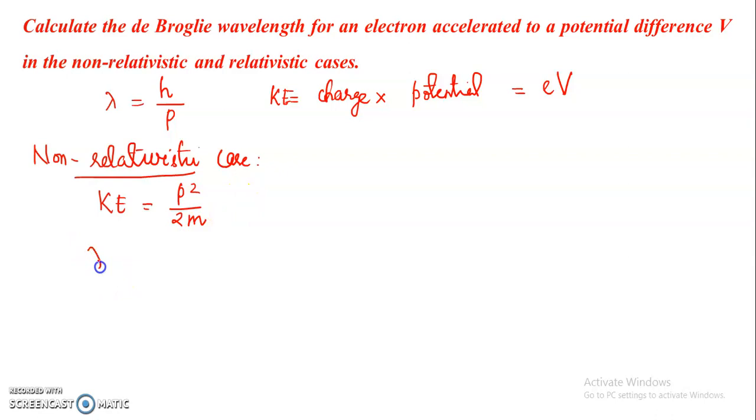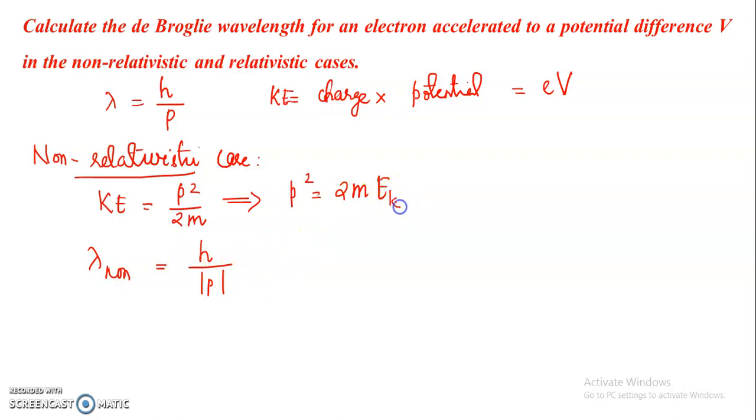So lambda non-relativistic equals h by modulus of p. From this equation, p square equals 2m into E, where E is the kinetic energy.